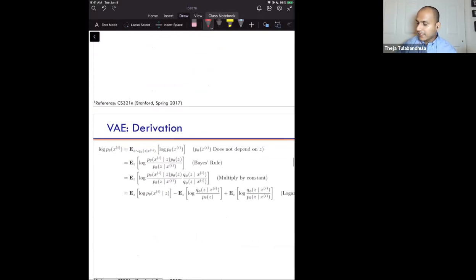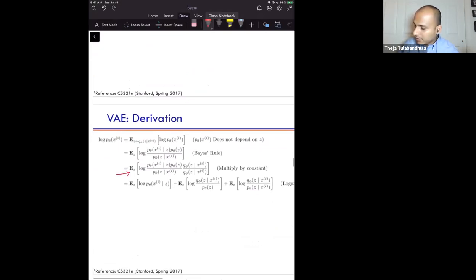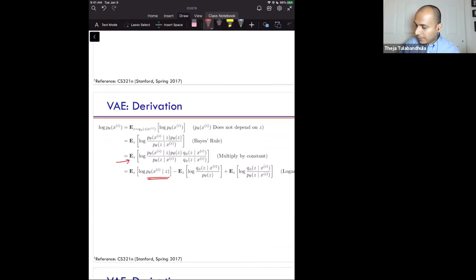Now, because of that, we can split our expectation into terms. The first term is just this P of X given Z. I'm isolating this because this is essentially going to give us the reconstruction error. The second term is going to involve this guy in the denominator and this guy in the numerator.